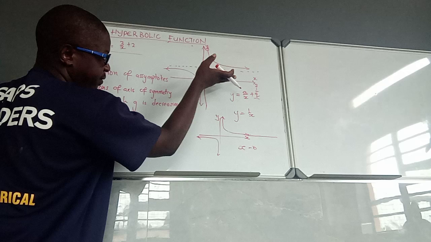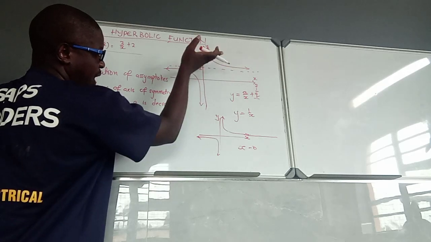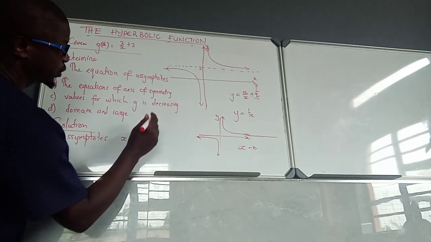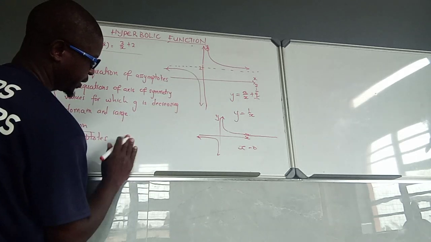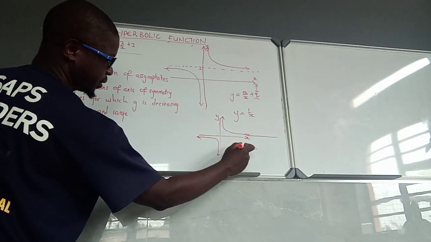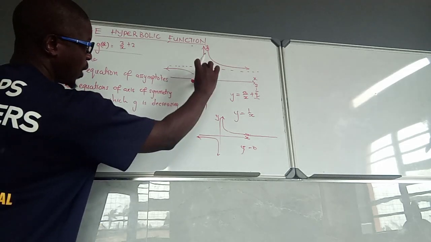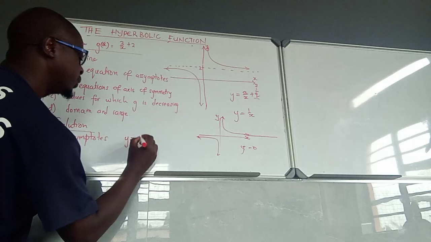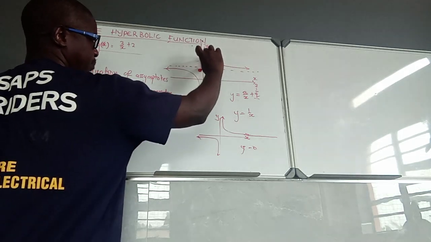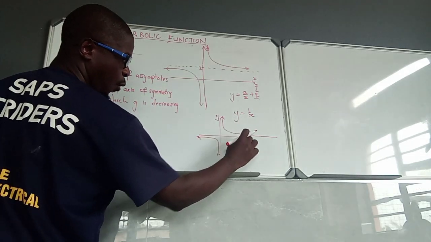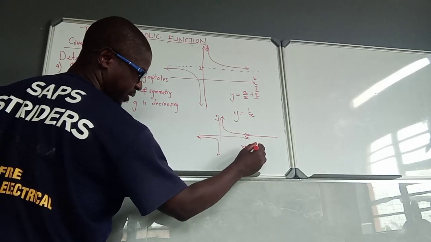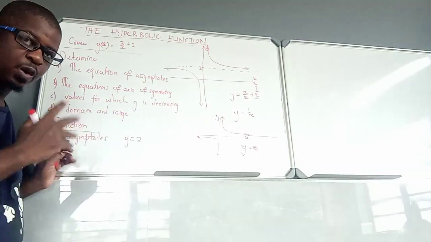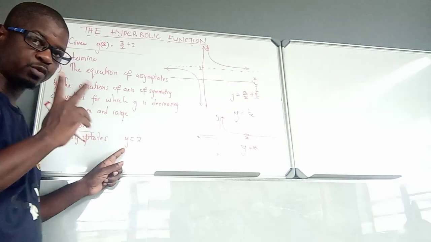But now we have shifted the asymptote 2 units up, so here is y is equal to 2. This is our asymptote, y is equal to 2, and here y is equal to 0, which is also the x-axis. So once again, we do have two asymptotes.